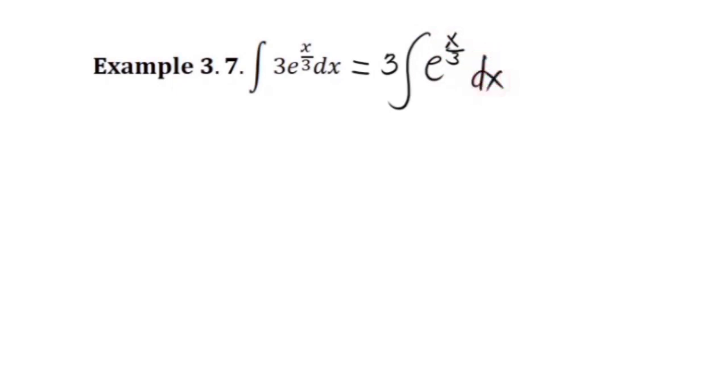And we let our exponent equal to v. So v is equal to x over 3. So taking the derivative of this, we have dv is equal to dx over 3.